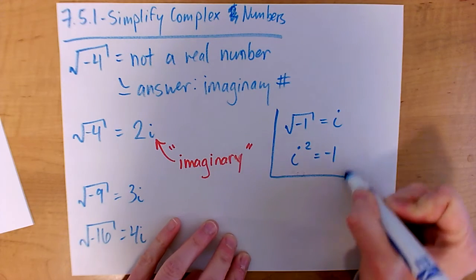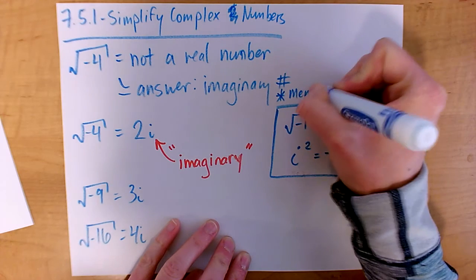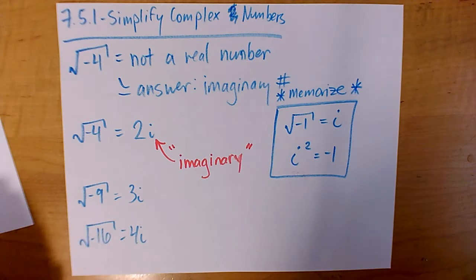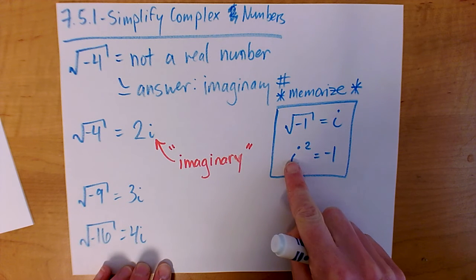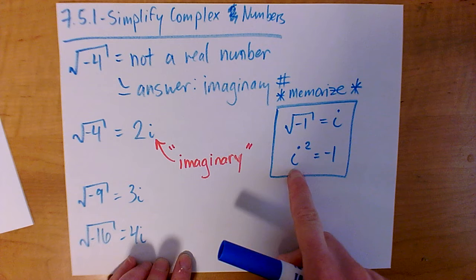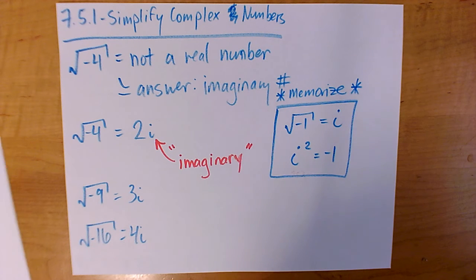These two things are going to come up again, and if you are very familiar with these, and you can work with them pretty easily, it'll make the rest of the problems in these next few sections pretty simple, okay? So the square root of -1 is i, and i squared is -1. Let me say that again. i squared is -1.